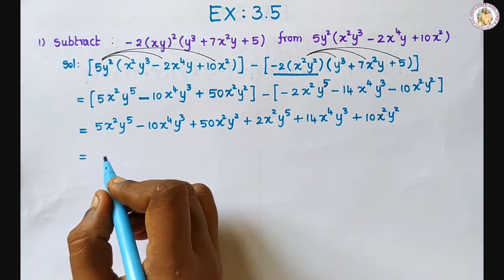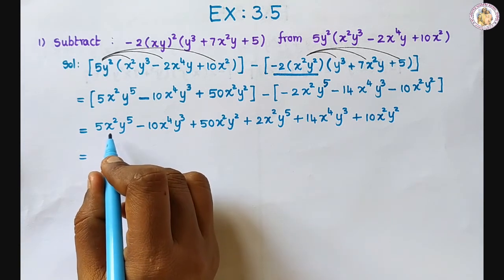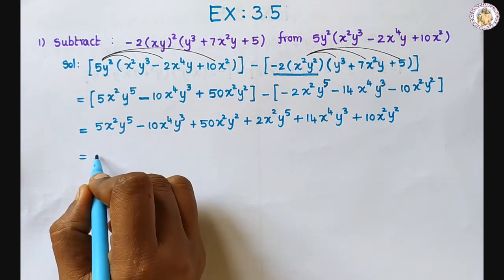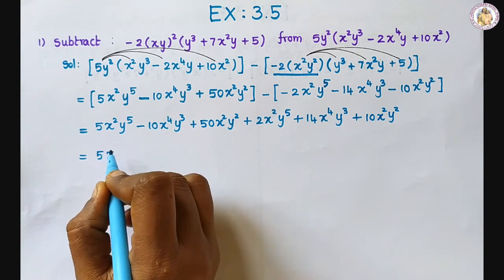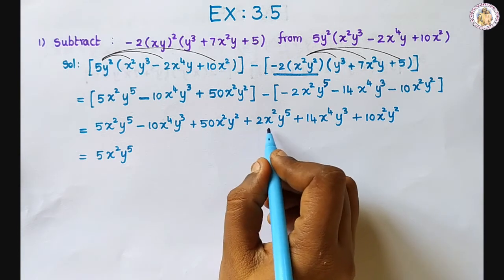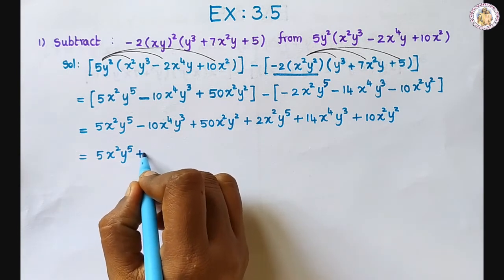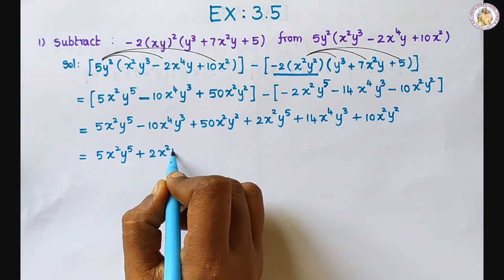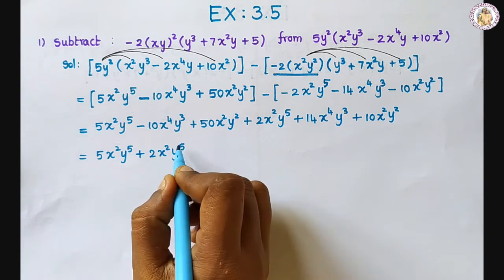Now assemble the terms. X squared y power 5 terms, that is 5 x squared y power 5. Here also x squared y power 5, that is 2 x squared y power 5.